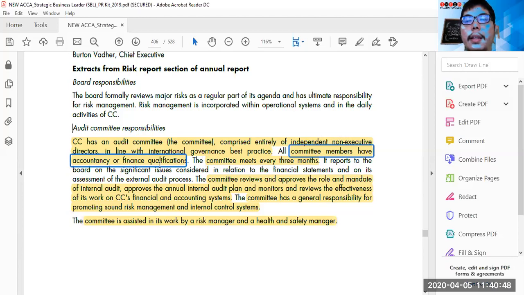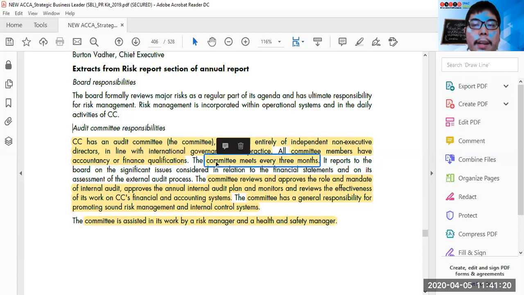When you establish a separate risk committee, you can appoint someone who may not have a financial background but has strong knowledge of the construction industry. So with a separate risk committee, you can identify both financial and non-financial risks.